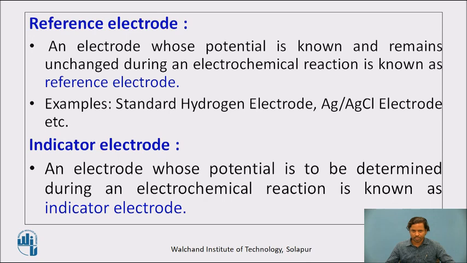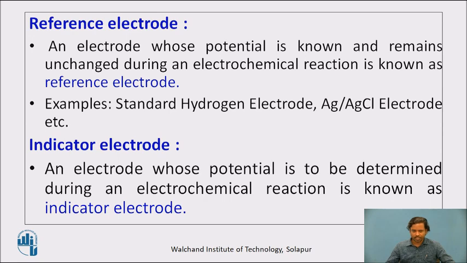Reference electrode. It is that particular electrode whose electrode potential is known to us and which does not change during electrochemical reactions. Examples include standard hydrogen electrode, silver chloride electrode, etc. Indicator electrode.